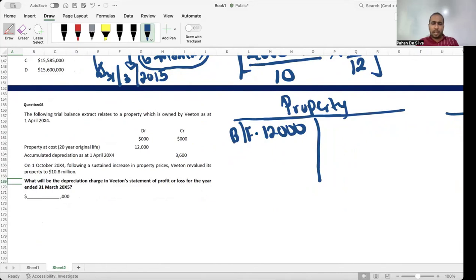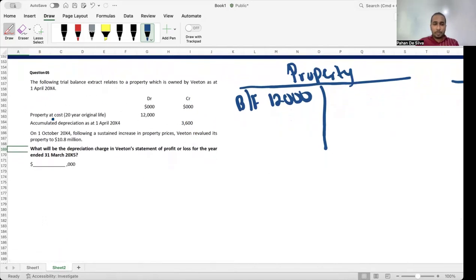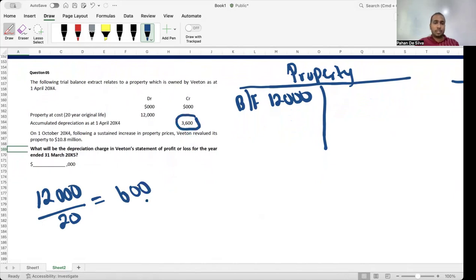Before entering into this question, you need to understand another small thing: how many years we have used this asset. The property cost is 12,000 and originally we estimated the useful life at 20 years. Accordingly, what should be our annual depreciation? 12,000 divided by 20, it should be annually 600. Our accumulated depreciation on 1st April 2014 is 3,600.